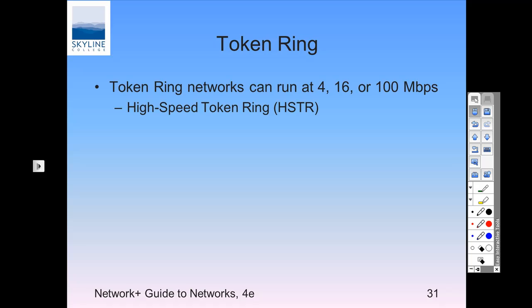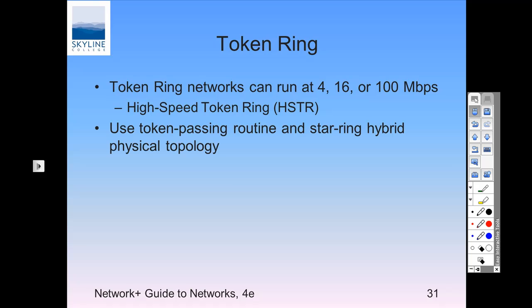Token ring, I think the only thing that we didn't really talk about in token ring is the speed: 4 or 16 megabits per second. For a long time, it was only 4 or 16. The high-speed token ring is 100 megabits per second. Token ring only operates as fast as the slowest device.